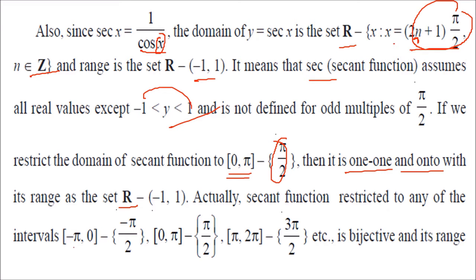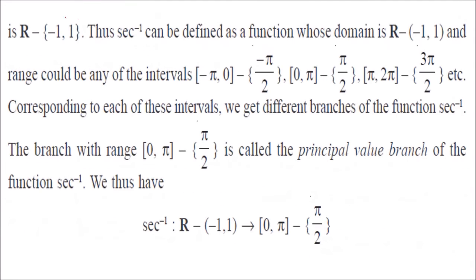This is not the only case. You can restrict it to this. See, all the odd multiples of pi by 2 have been ignored. Now this is one-one and onto, and its range will be all the values except between minus 1 and 1, because the domain and the range of the inverse function are the range and domain of the actual function.